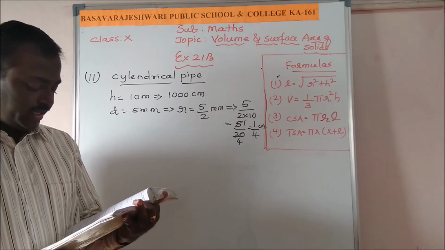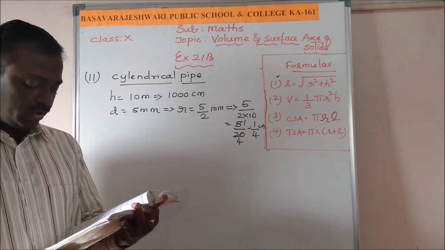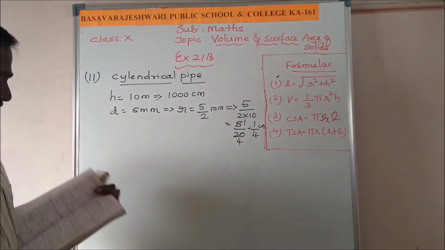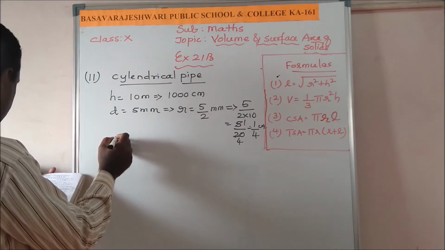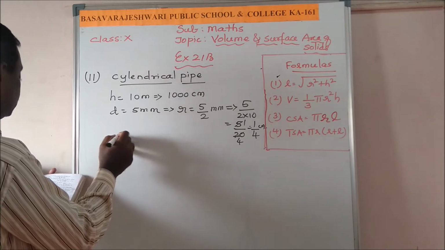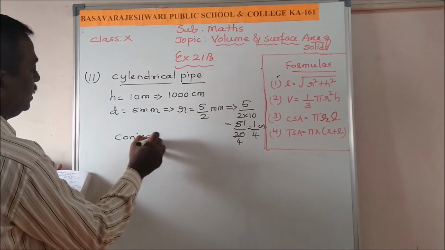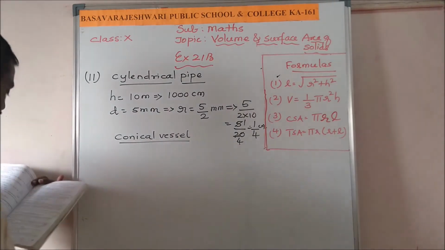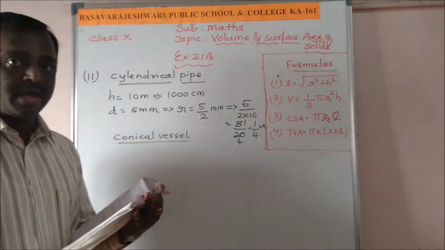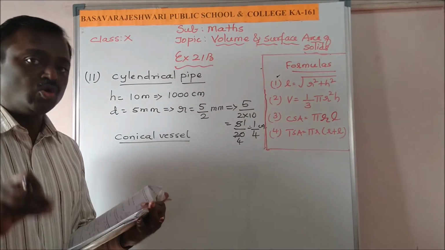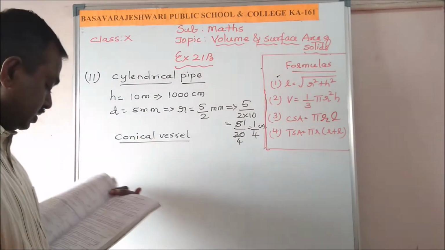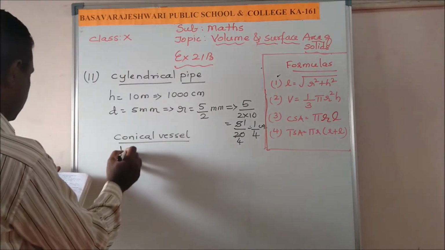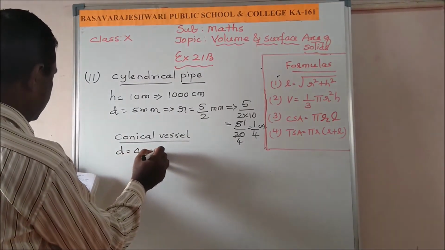How long would it take to fill a conical vessel whose diameter at the base is 40 centimeters? Conical vessel. So the water is coming from the cylindrical pipe and it is filling the conical vessel. They have given some data about the conical vessel. Diameter is 40 centimeters.